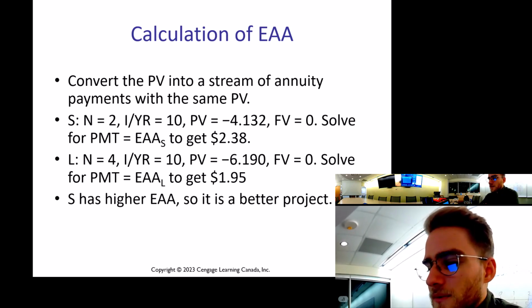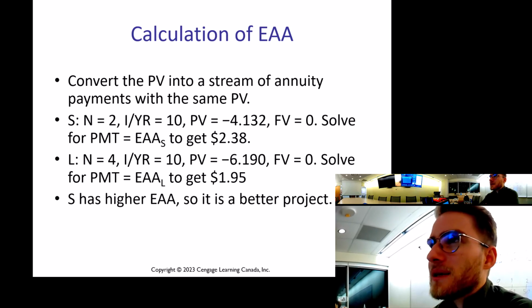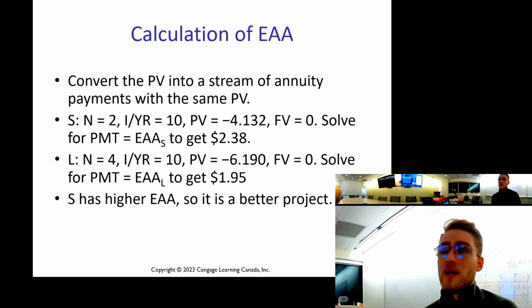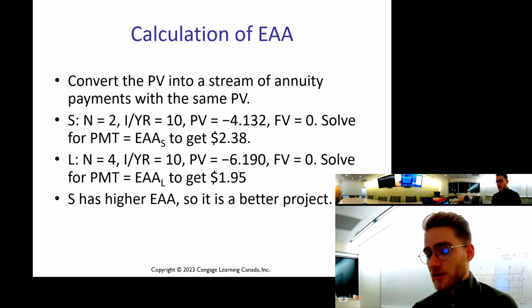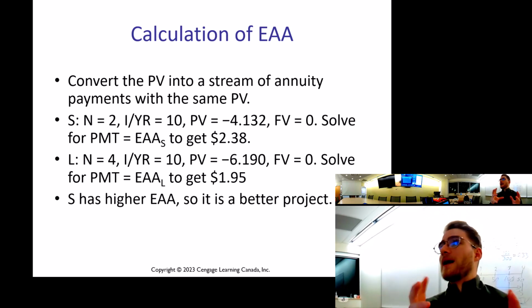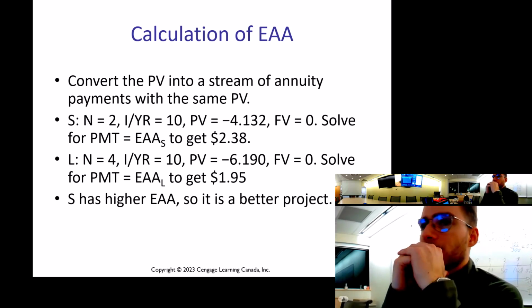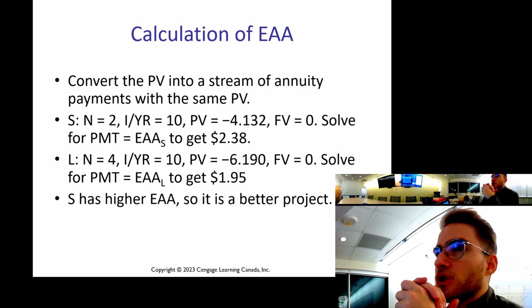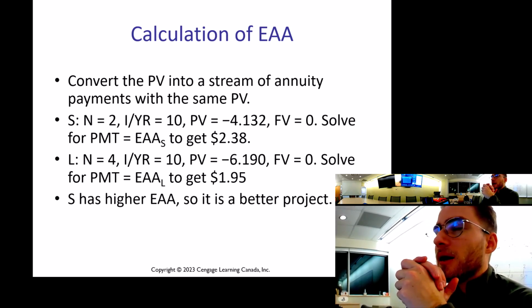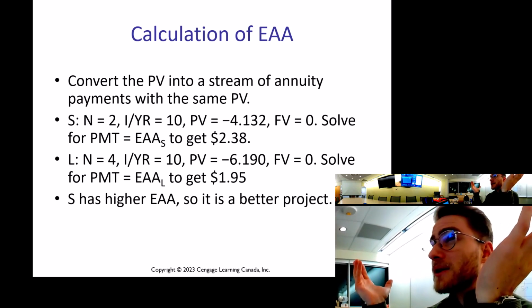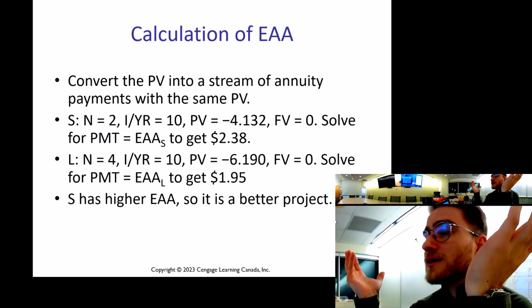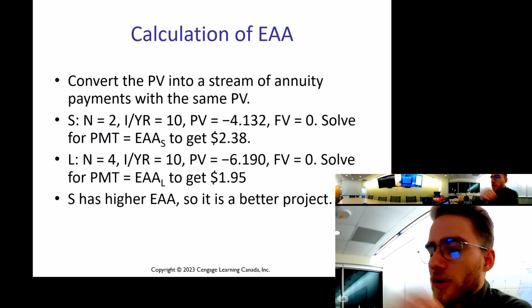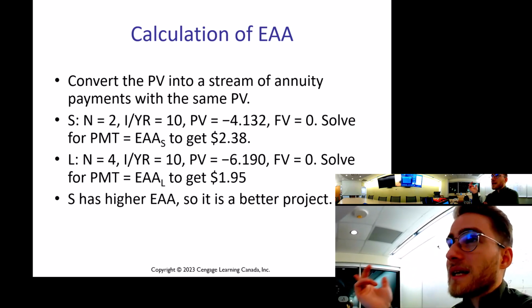So yes, we get a higher NPV with L, but when we look at the rate of payment, we get our money way faster with Project S, and we have on average a higher NPV per year, right? So think about it like this. Would you rather earn, say, $100,000 this year and $100,000 next year, or would you rather earn $50,000 over the next 4 years?